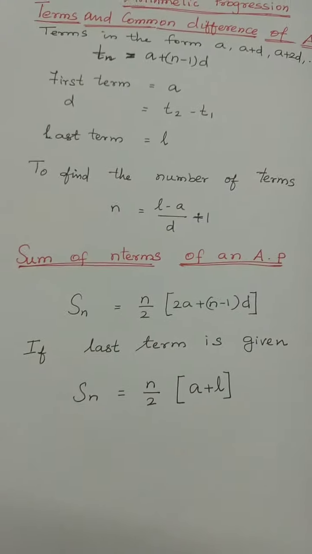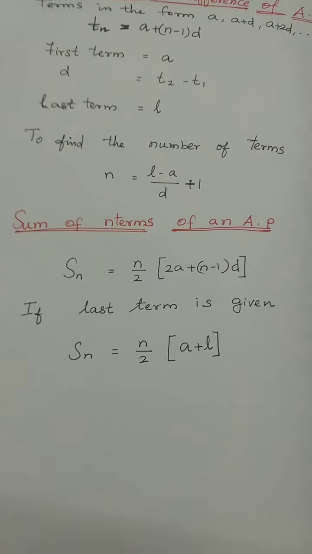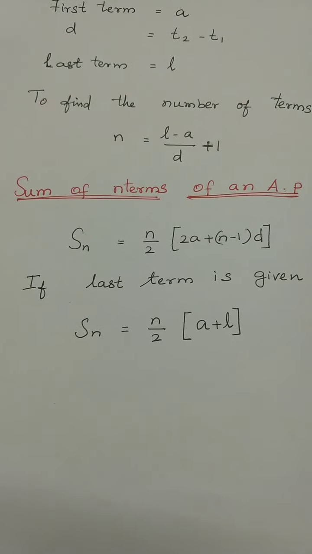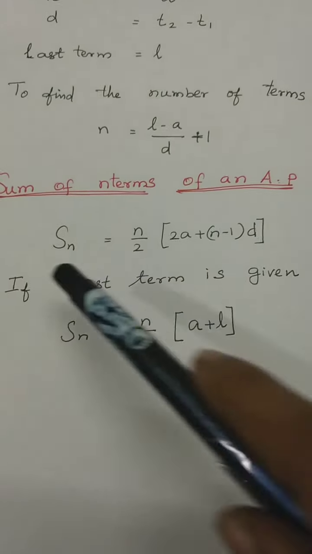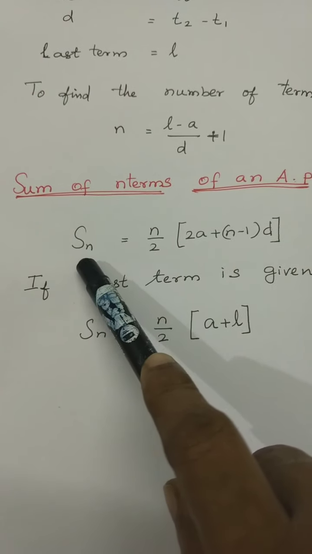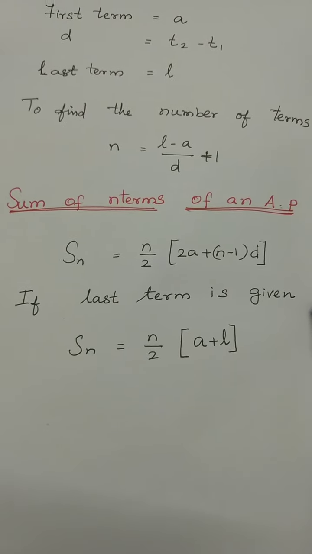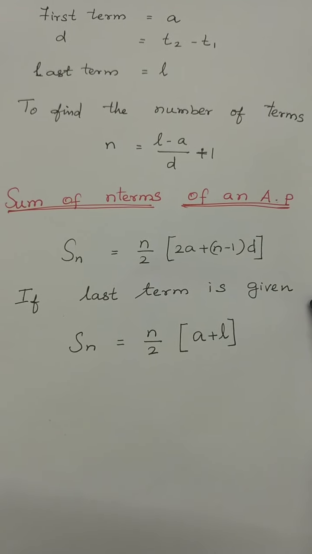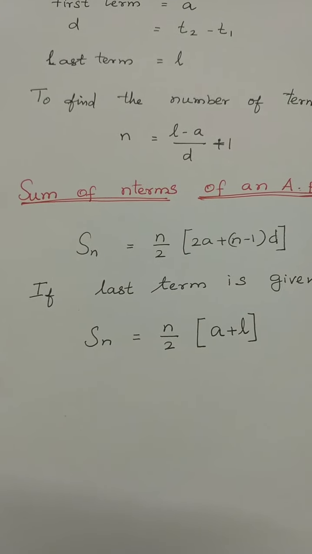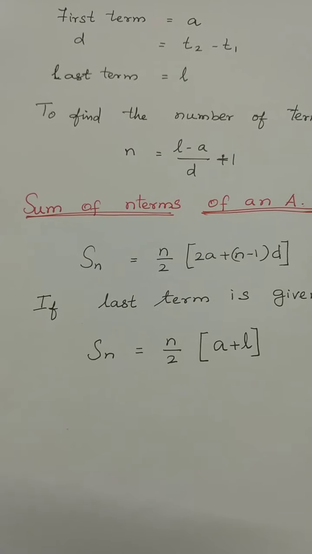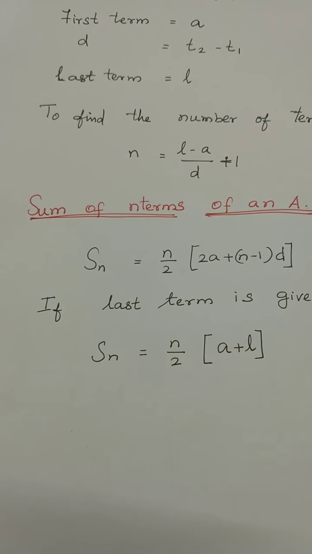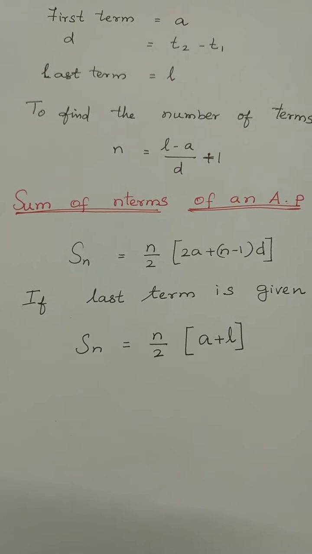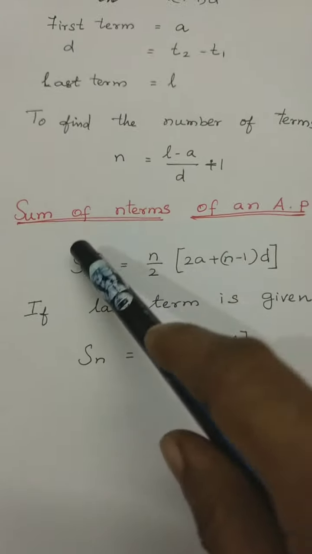After that, the sum of n terms of an AP. The sum of the terms of a sequence is called a series. The sum of the first n terms of an arithmetic progression is denoted by Sn.